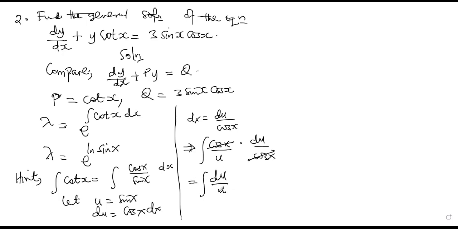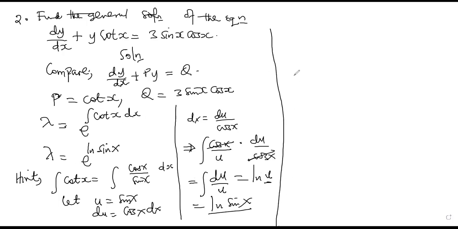When you integrate du over u, you get ln u, but u is sin x, so it is equal to ln sin x. Now, our lambda is going to be equal to e to the ln sin x, but e and ln will go, so we are going to have it as sin x.